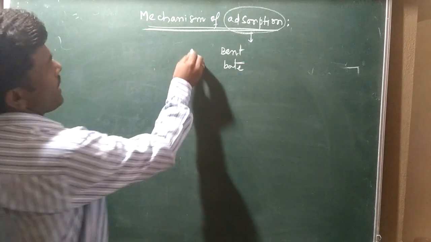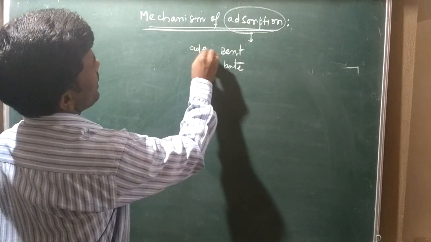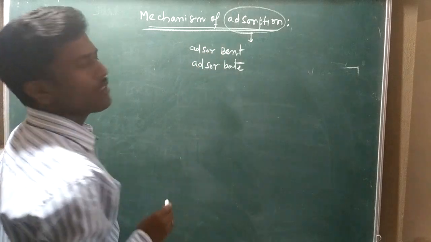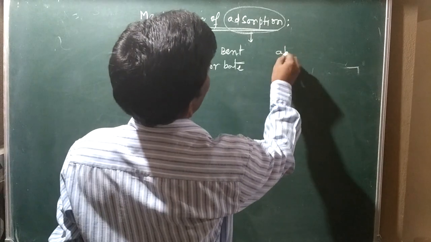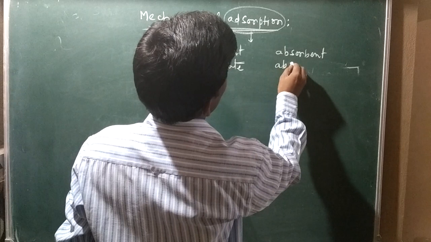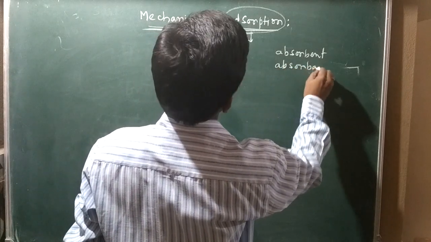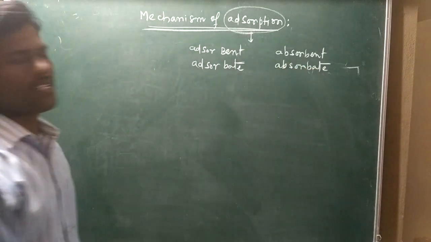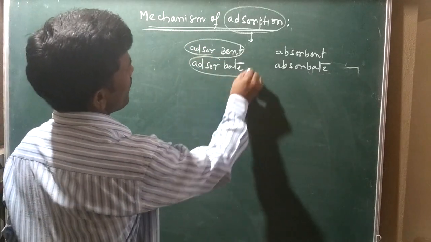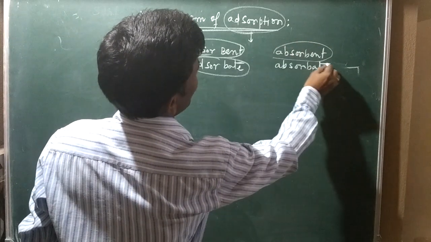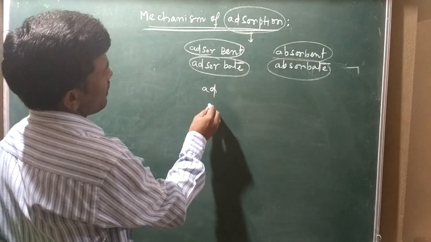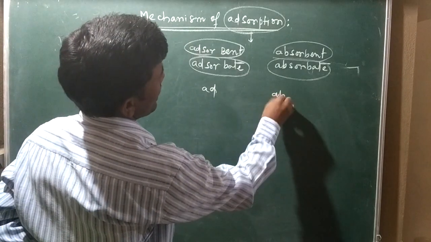So, adsorbent and adsorbate, and also absorbent and absorbate. Once again I am repeating: I am pressing here "ad", and here it is "ab".